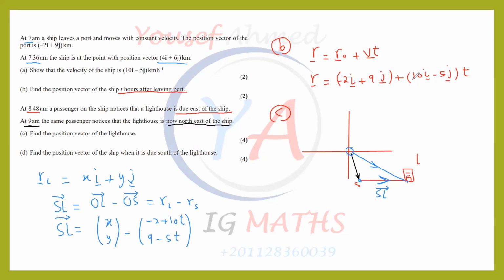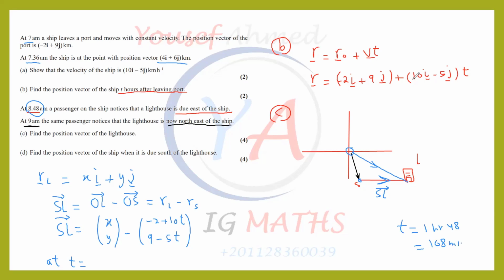So now, when the time is 8:48, if you get the difference, you're going to find it's 1 hour and 48 minutes. So it's 60 plus 48, which is 108 minutes.